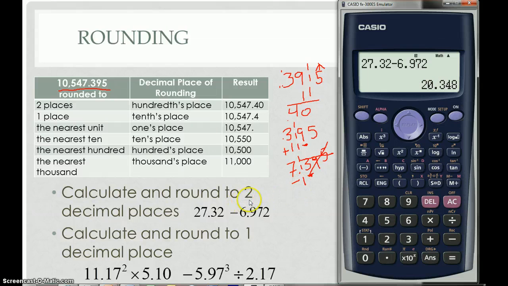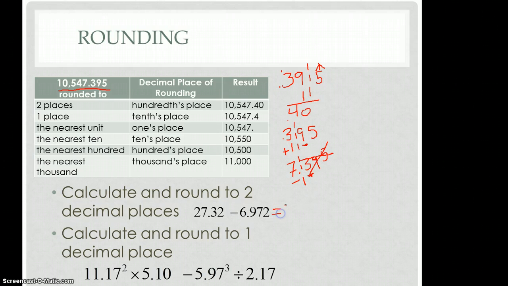It says round to 2 decimal places. So I come over and I put my line between the 4 and the 8. 8 is 5 or larger, so I add 1 to the 4. So rounding to 2 decimal places, I get 20.35.